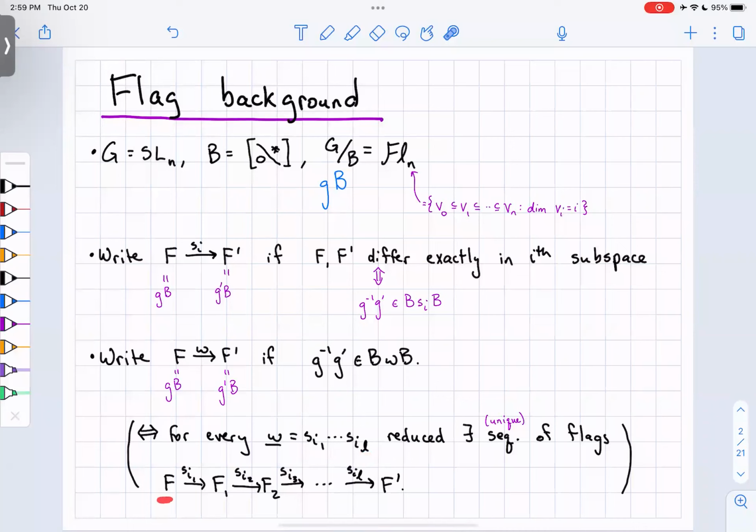So to move from F to F1, I change the i_1 subspace, where s_{i_1} is the first letter in my word, and then to go from F1 to F2, I change the i_2 subspace, etc. And I'm supposed to start at F and go to F prime. So that's what being w related is. And from this way of thinking about it, it's not obvious that any two flags should have a relative position, but in fact they do, which you can see from thinking about it like this. Okay, so that's relative position.